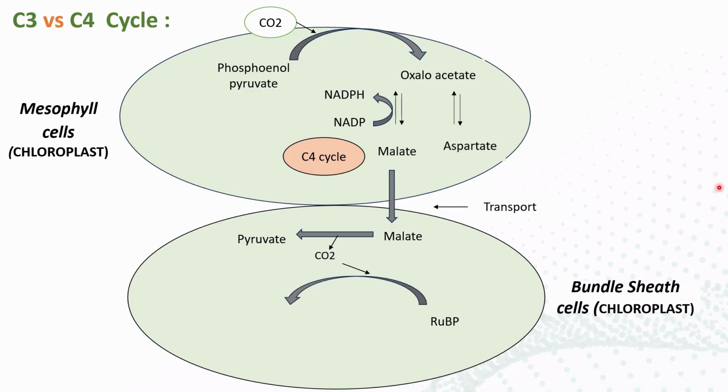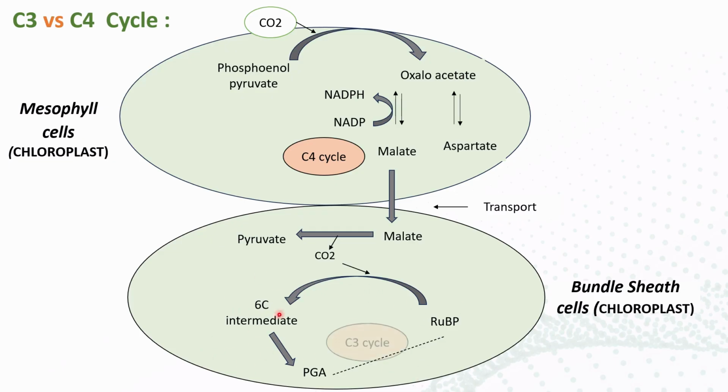In the C3 cycle, RuBP with the help of CO2 forms a 6-carbon intermediate, and then it forms phosphoglyceric acid, and again the process takes place like this, cycle after cycle.